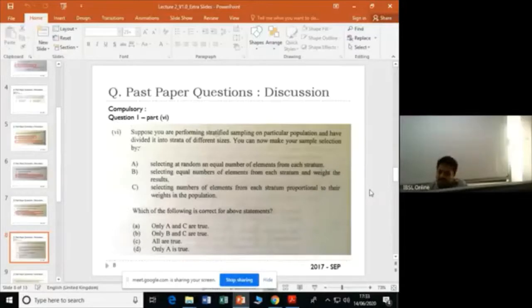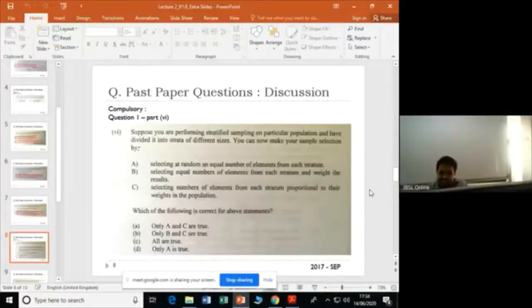It will give you non-equal, or probabilistically indifferent, chances for different strata, isn't that so? So in statements B and C, what it says is the same thing, said in different manners. Statement B says selecting an equal number of elements from each stratum and weight the results.